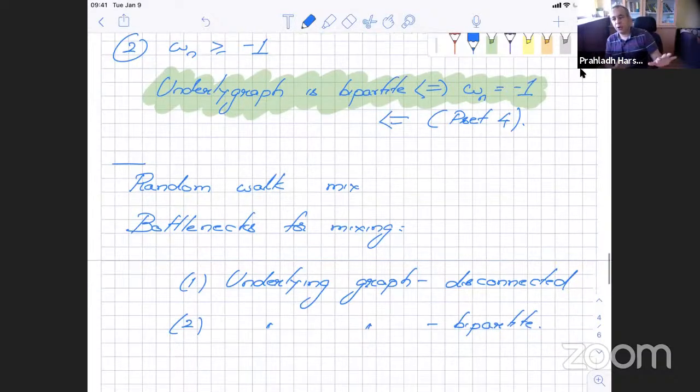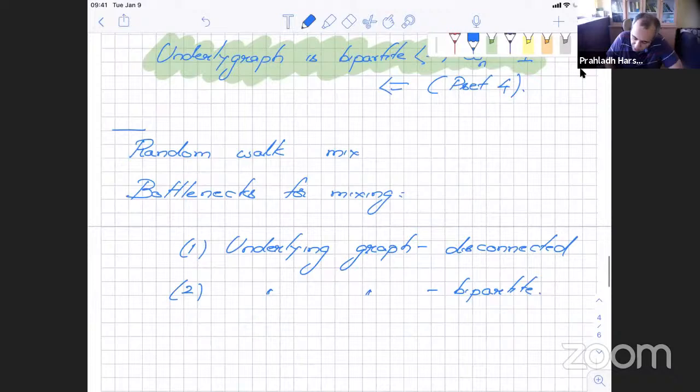So let's try to get rid of these two bottlenecks. We'll assume that omega 2 is separated from 1, and omega n is separated from minus 1. If we assume these two bottlenecks are out, we'll define this quantity called omega, which is the maximum of omega 2 and minus omega n. And we want to say if omega is less than 1, somehow the walk is going to converge.